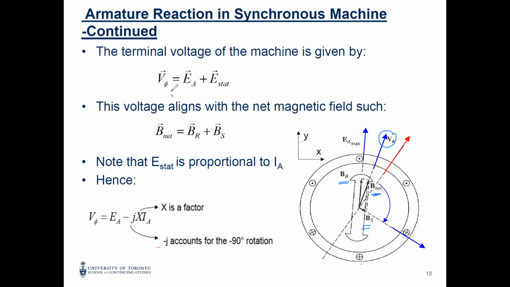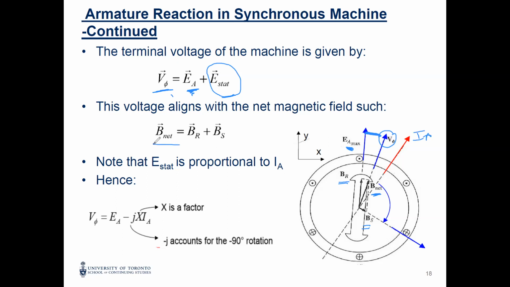What is the importance of this? So you have the voltage and you have the EMF here. There is something to add between them, and it's due to the armature and the armature action.